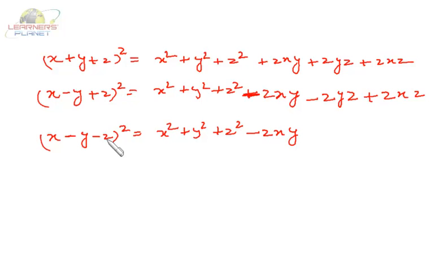Now x into minus z, it will be minus 2xz, and if minus y and minus z is there, then it will be converted to positive sign, so it's plus 2yz. So you just have to memorize one formula and the remaining can be converted easily. If it is minus x plus y minus z, then also similar operations can be performed. Now you can give any values to x, y and z.